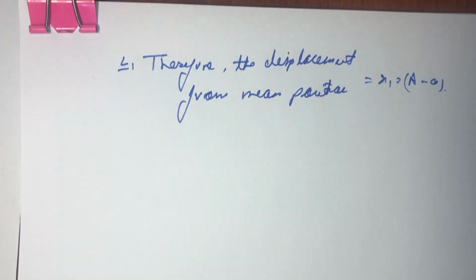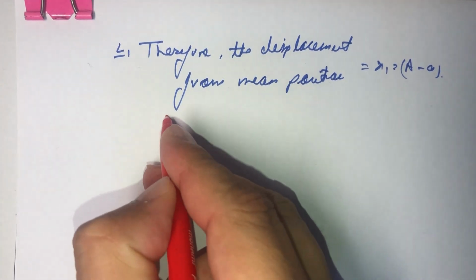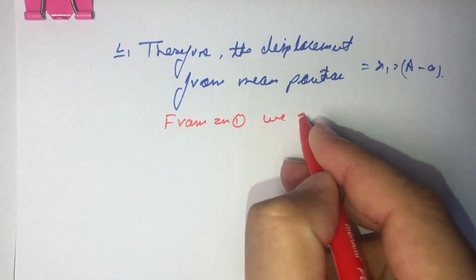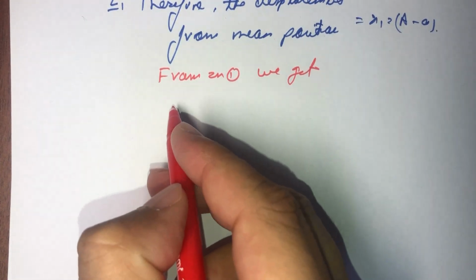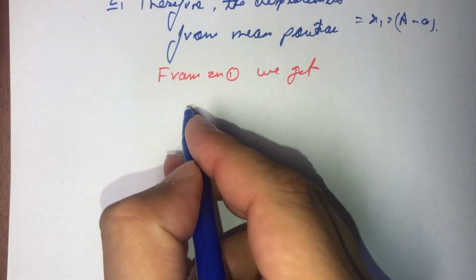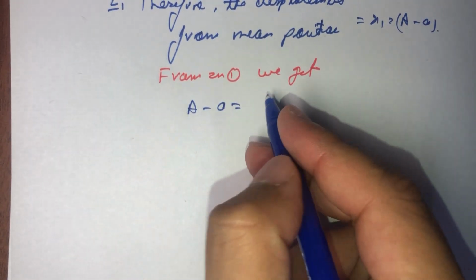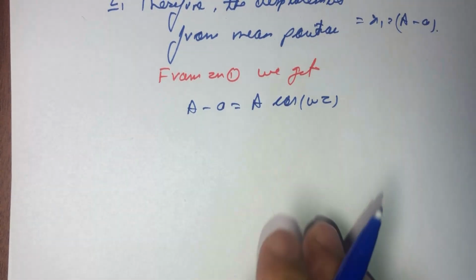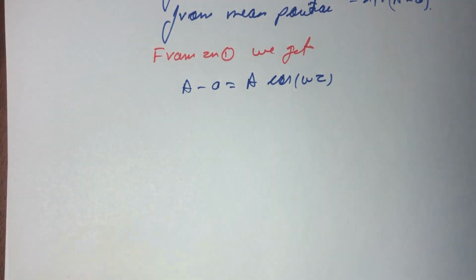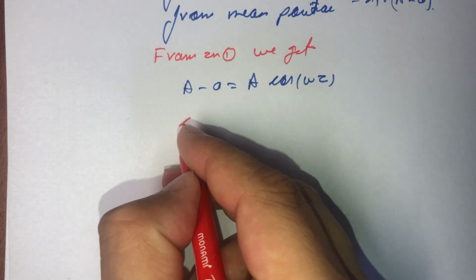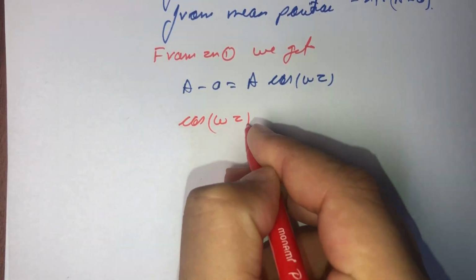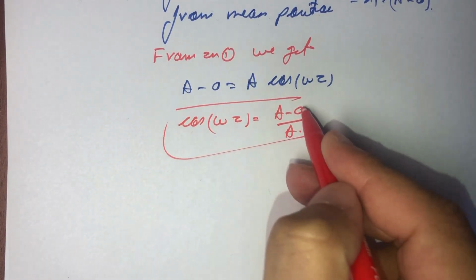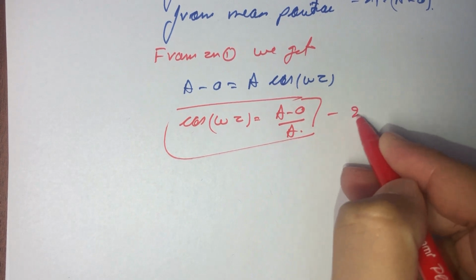So from equation 1, we get A minus small a is equal to A cos of omega tau, or from here we can write that cos of omega tau is equal to A minus small a divided by capital A. Let us call this equation number 2.